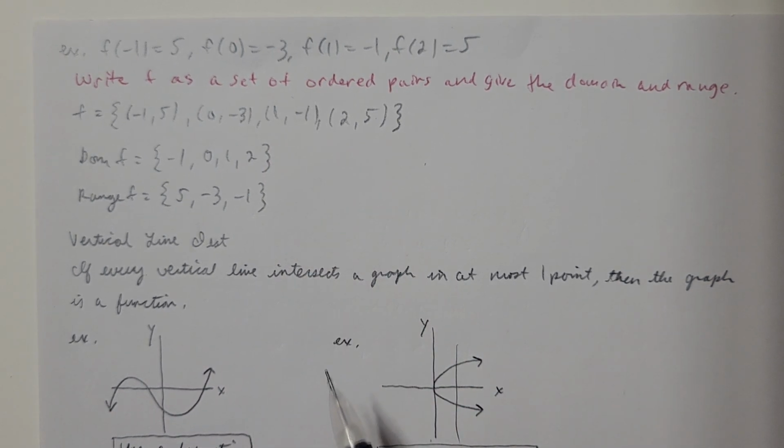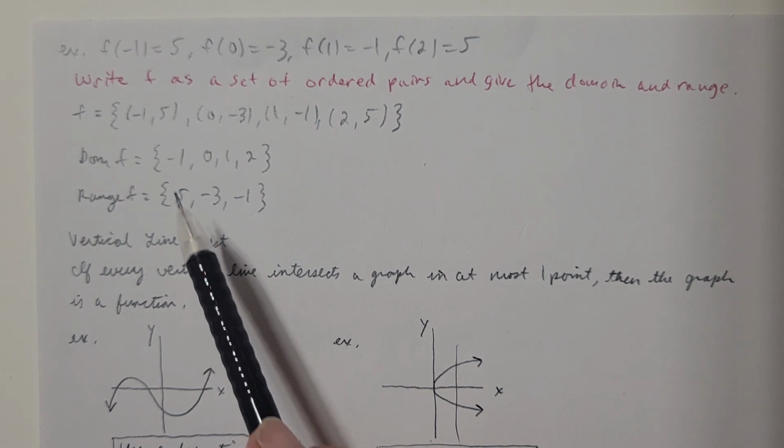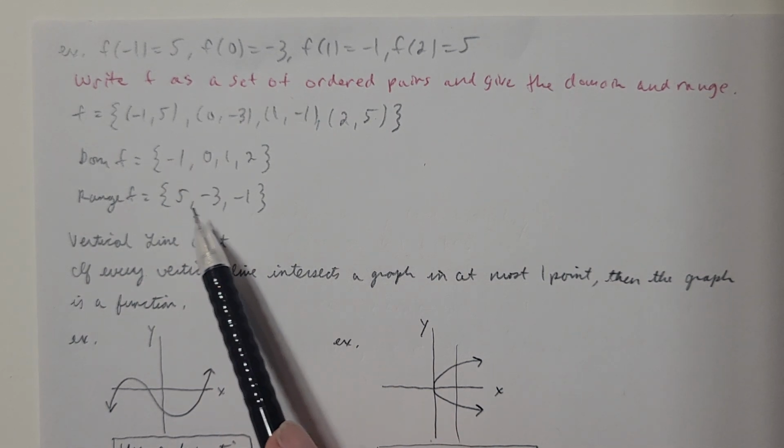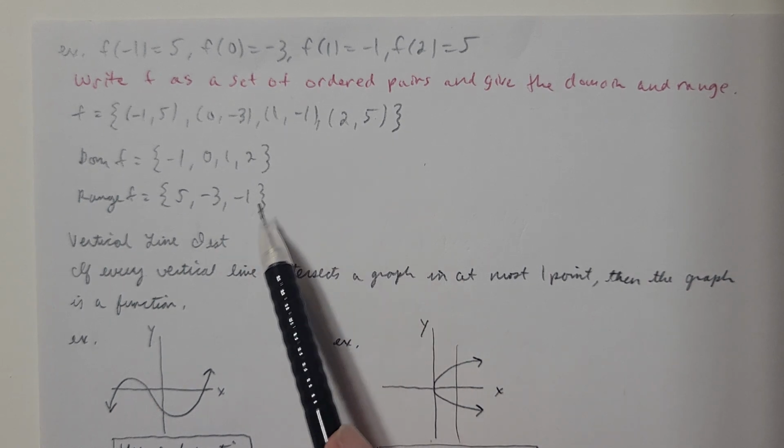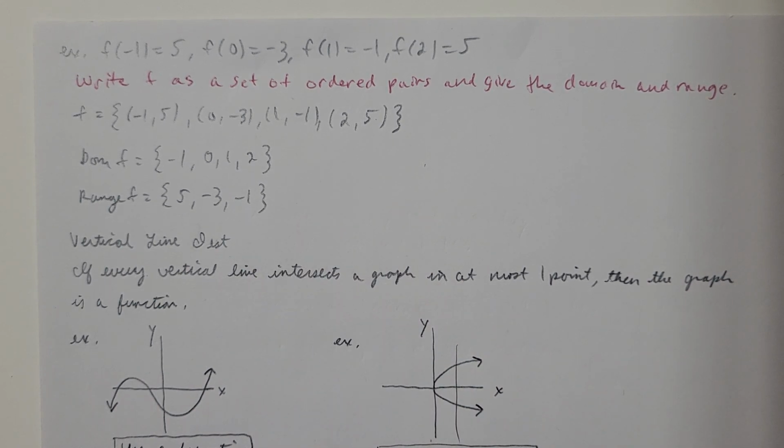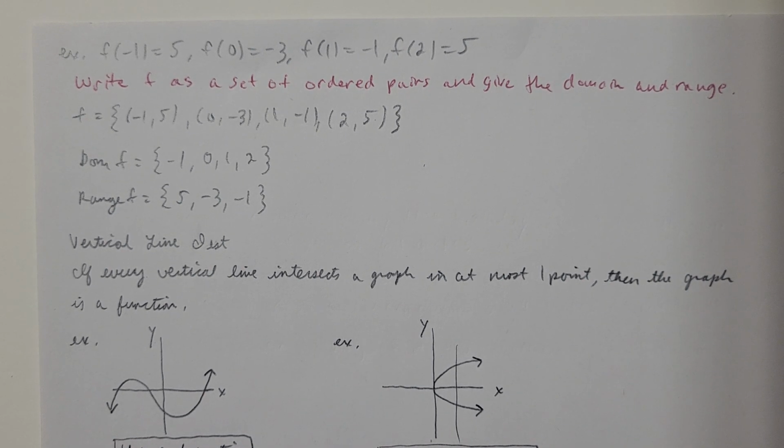And then the range would be the set of all y values. So that would be 5, -3, -1, 5 again. Now, do I have to write 5 again? I could. I could actually write 5 as many times as I want to. You know, like I could write 5 23 times if I wanted to. Why I would do that, I don't know, but I could. Okay, I would still just count that number that's 1 that is different from the others.